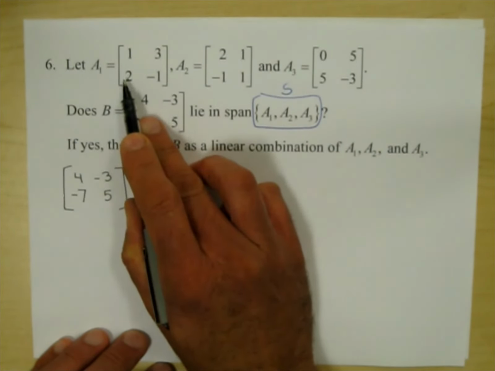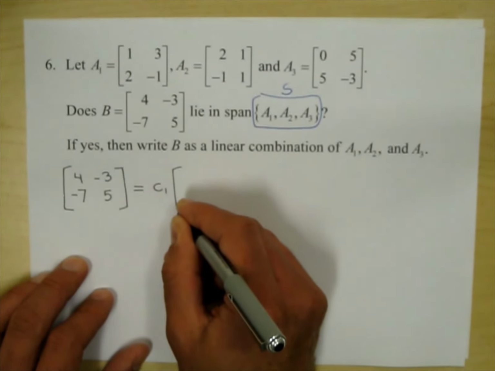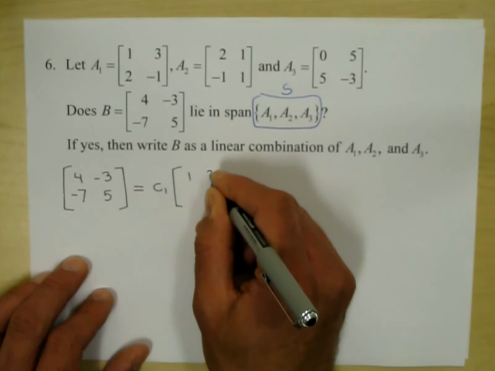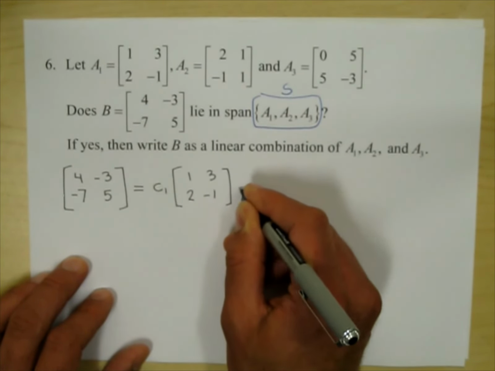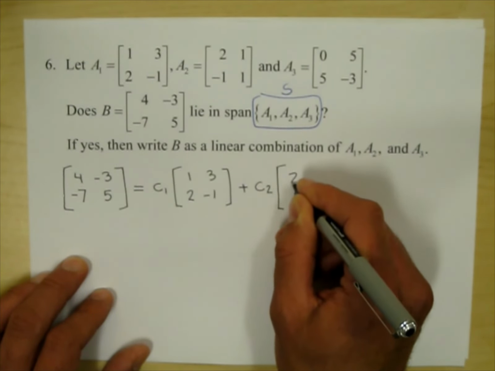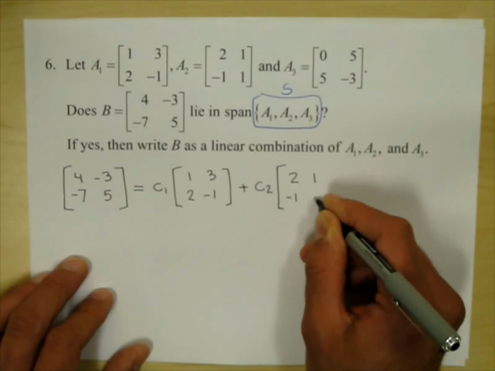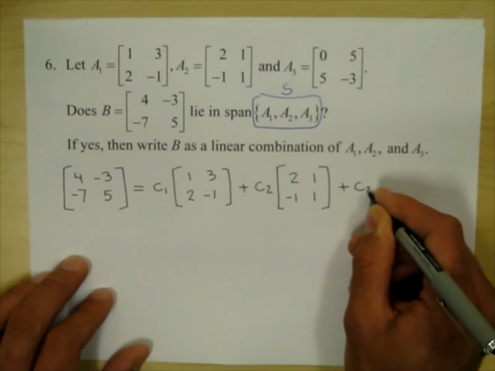So I'm going to go constant times A1 plus constant times A2 plus constant times A3.